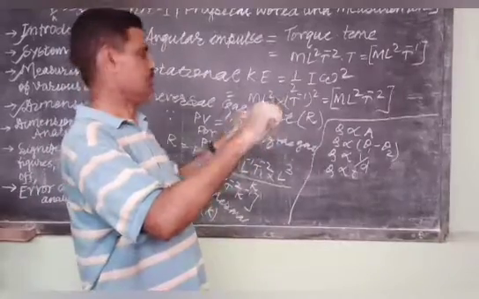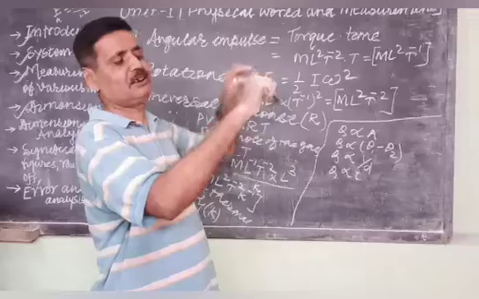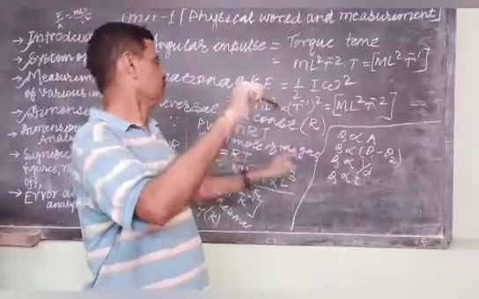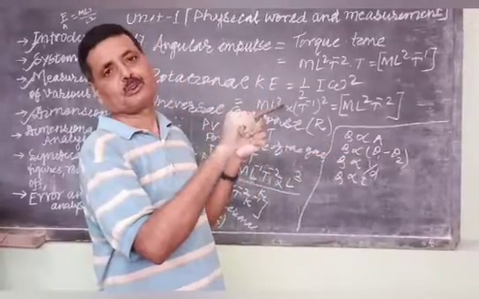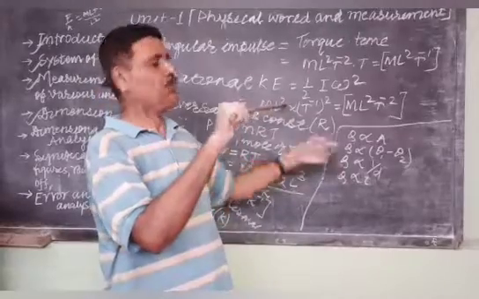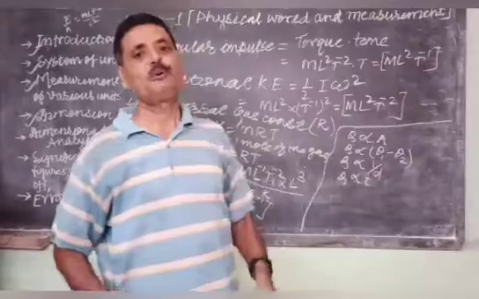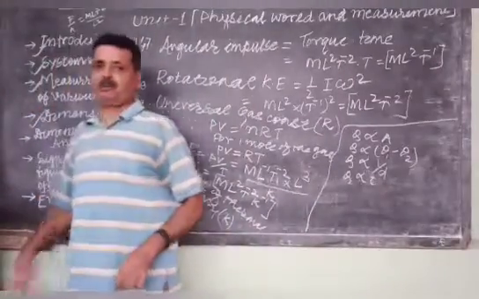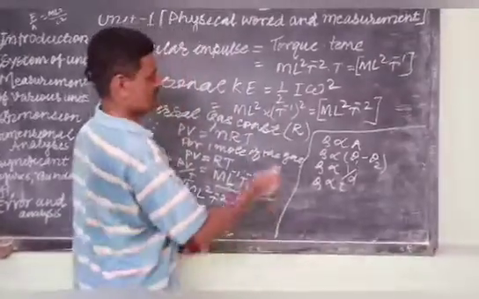Naturally, the temperature of this end will always be greater than the temperature of this end. Number 3, inversely proportional to thickness of the rod. And 4th, directly proportional to the time taken to flow the heat. If the time is more and more, the amount of heat produced will be much more.